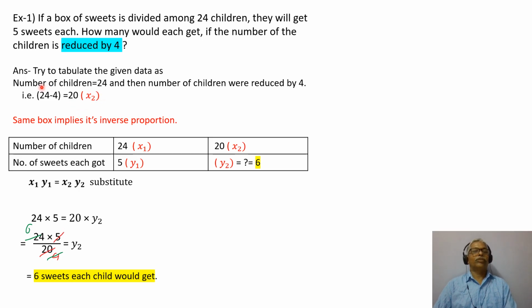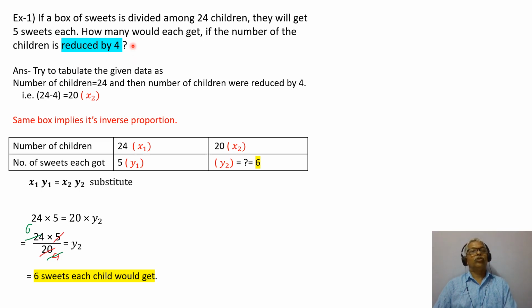So let us denote the number of children by X, then X1 and X2. See, I was talking about reduced by 4. It may so happen that in another problem you may get reduced to 10, reduced to 20, like that.